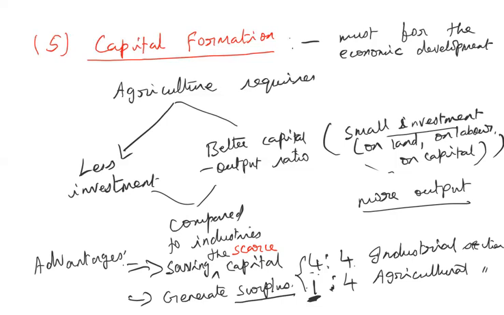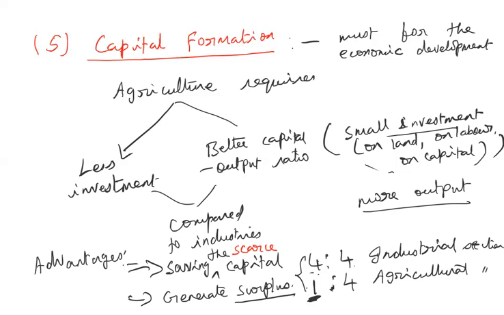With the lesser capital, it will be able to produce more amount of output, and with that output, we will be able to generate surplus. With that surplus, we will be getting more and more capital which can be utilized for the development of industries in the country. So that is another importance of agriculture in our country.